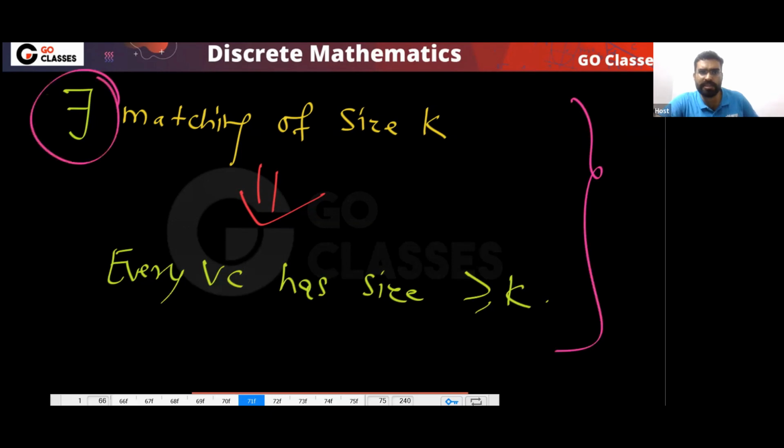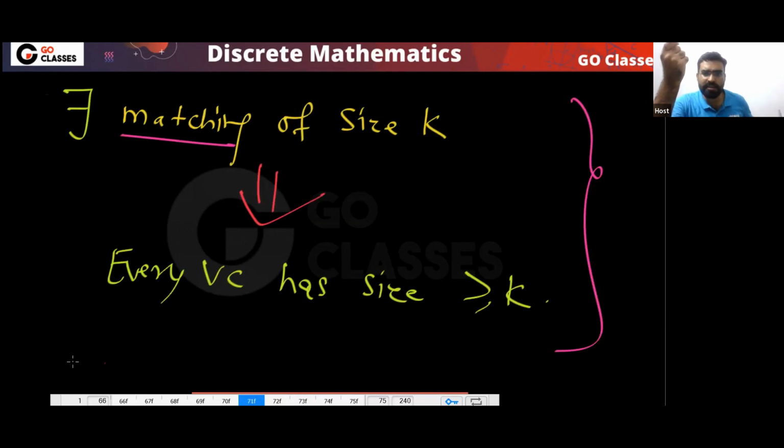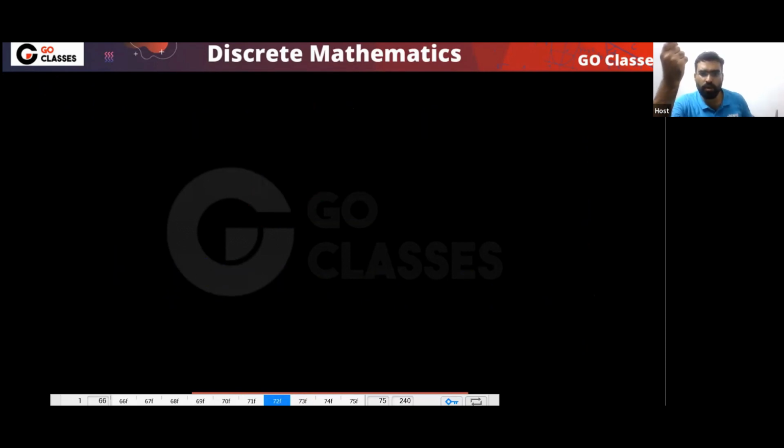If there exists a matching of size K, then every vertex cover will have size greater than or equal to K. So from this same point, can I say that the matching number is less than or equal to the vertex cover number?